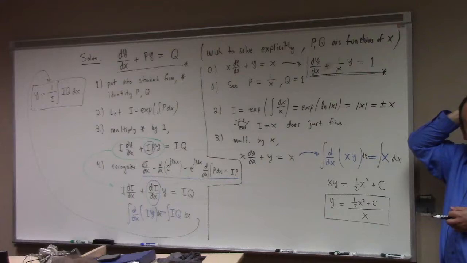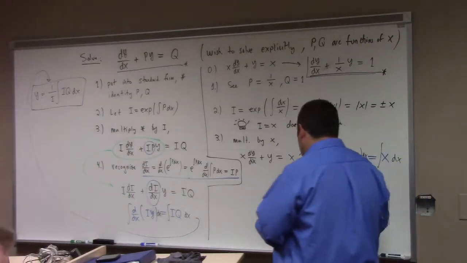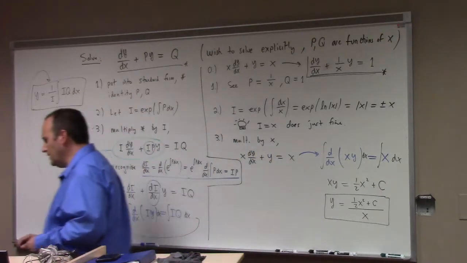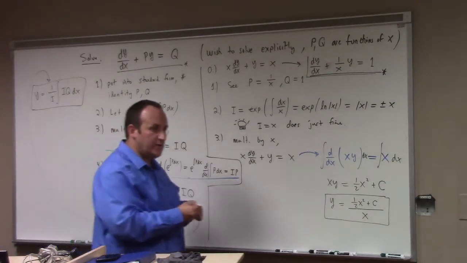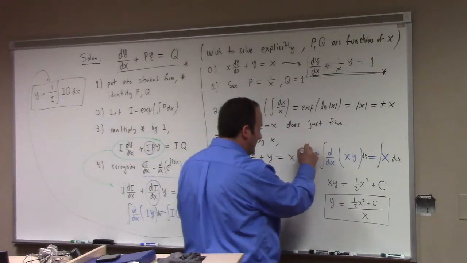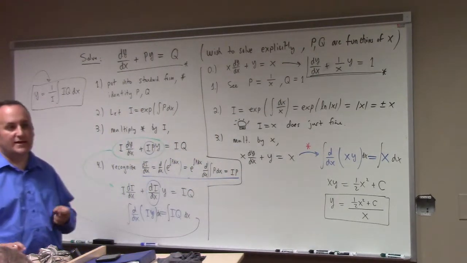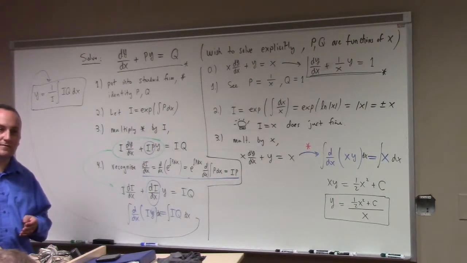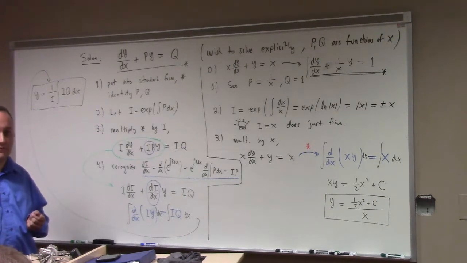Here's the reason why. When we get to this step right here, which I'll put a red star over, this step only actually works out if you calculated the integrating factor correctly. If you calculate the integrating factor I incorrectly, the reverse product rule will not happen for you.